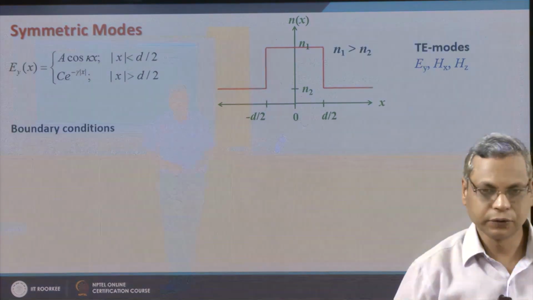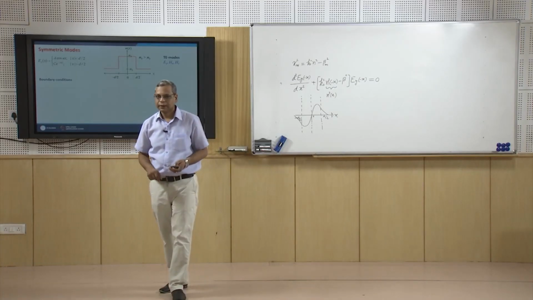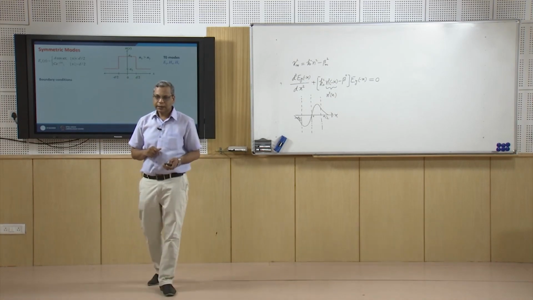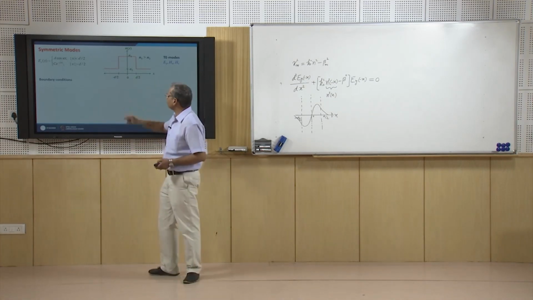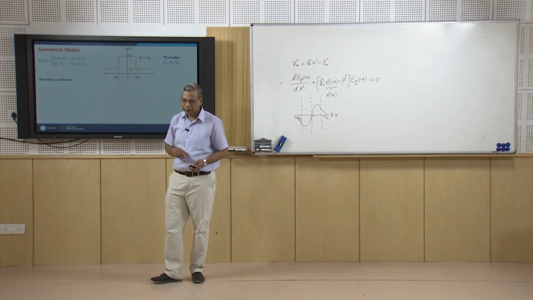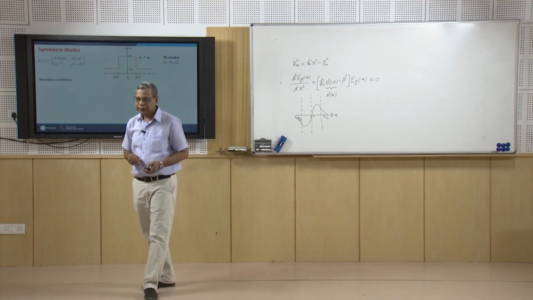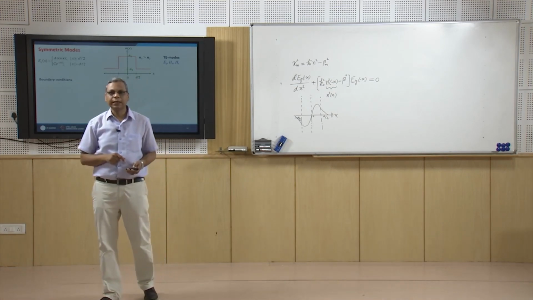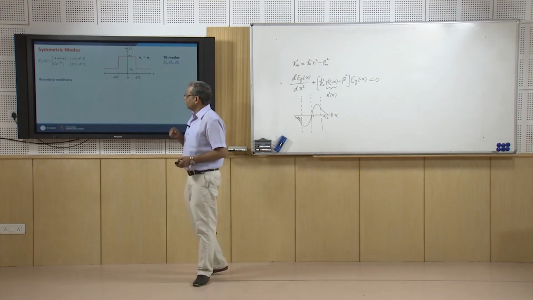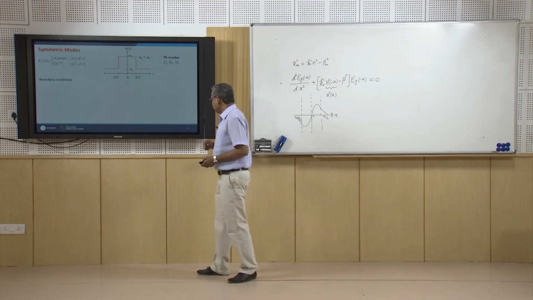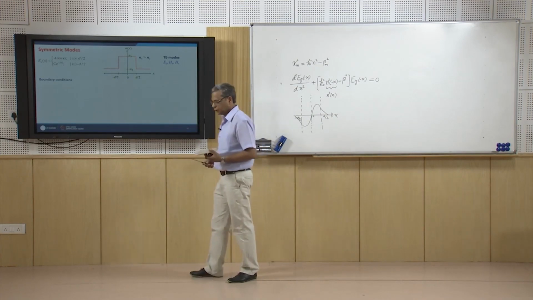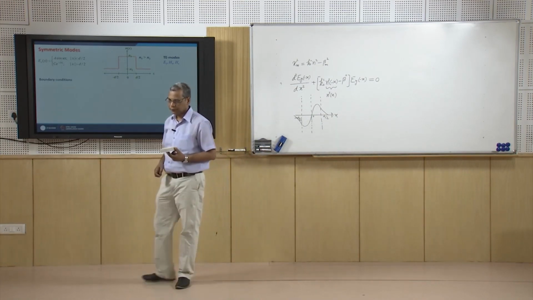For that I will use boundary conditions, and I have learned that when you encounter an interface between two dielectric media, the tangential components of E and H should be continuous. What are the tangential components to the boundaries?